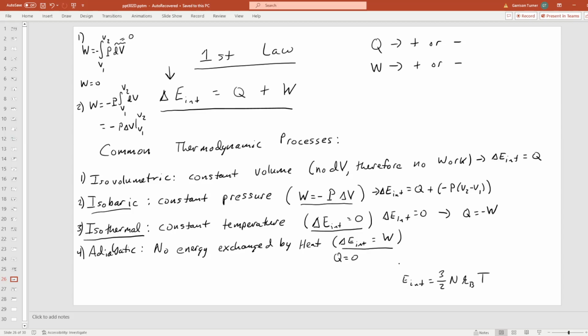Because if I take the change in this, and actually let me do it this way. So this is relating the isothermal process.